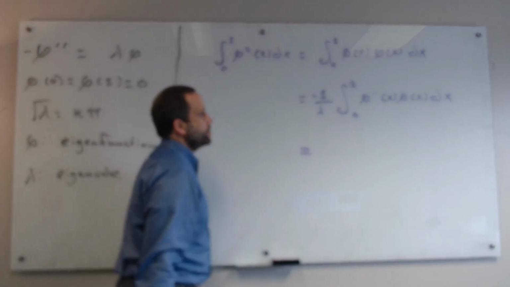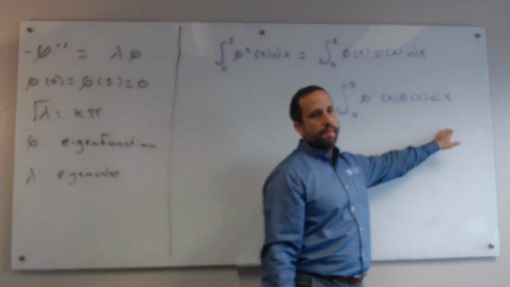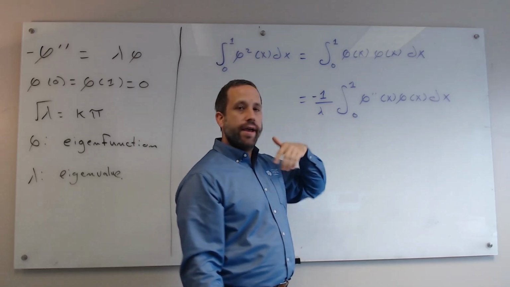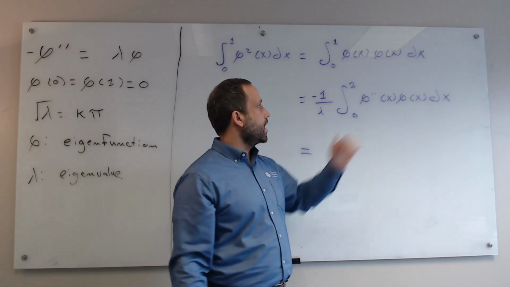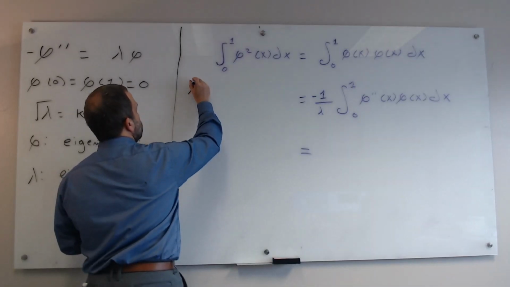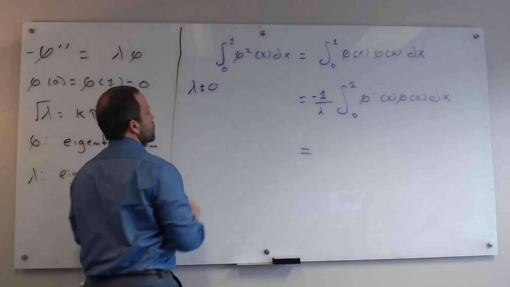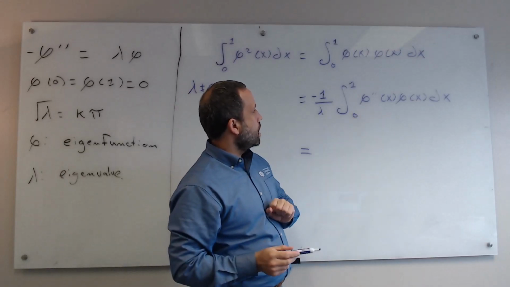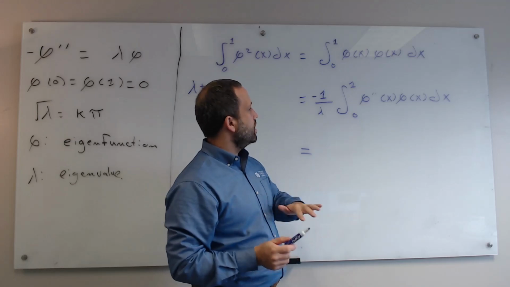Okay, so what I want to do now is get this back to being a positive integral. How can I do that? Well, if I integrate something non-negative, I know this is going to work. Let me point out that we're going to assume for now that lambda is not equal to 0, and after we do that, I'll prove that lambda cannot equal 0. So how can I integrate a non-negative thing?